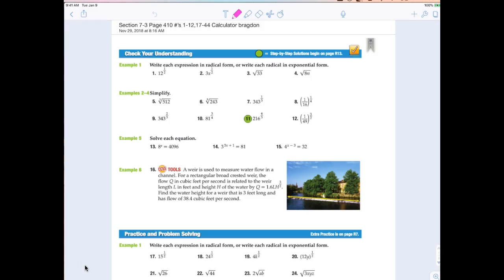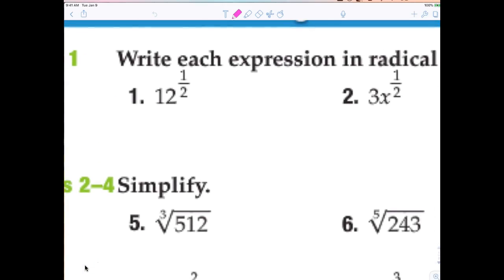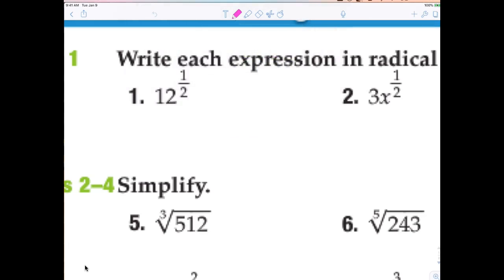Radicals to exponents. All right? So, for example number 1, 12 to the 1/2 power. Now, what I want you to write down somewhere is that 2 represents the root and 1 represents the exponent.